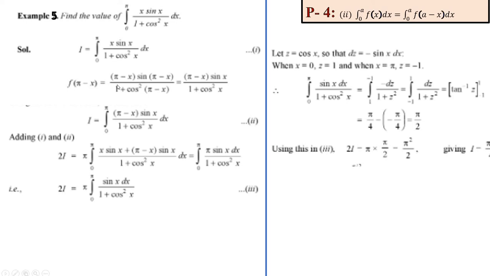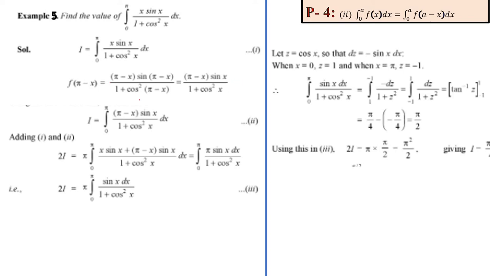So f of pi minus x gives you, wherever you have x, replace it by pi minus x. So sin pi minus x divided by 1 plus this. So cos pi minus x is minus cos x, but here you have square. So you have 1 plus cos square x in the denominator, and in the numerator we know that sin pi minus theta is sin theta. So this is what we get.